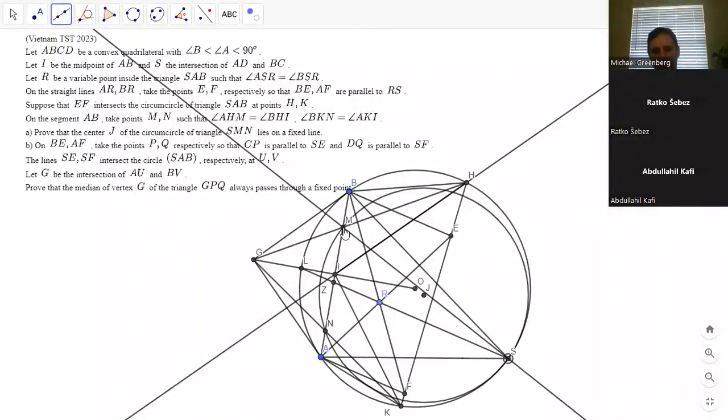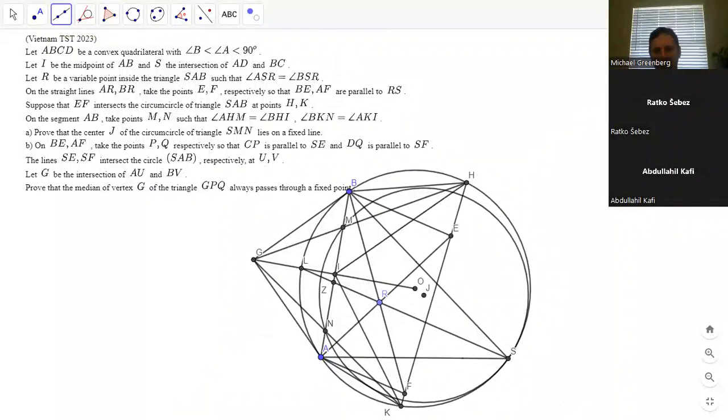Let's see, if I let SM meet the circle. Okay, so EH and AH, how do we find that? H is just defined in a weird way, that's the issue.